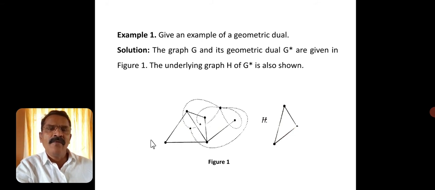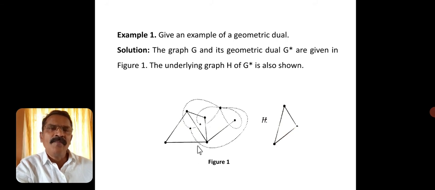Okay, now these are the two edges which are common to the interior face as well as the exterior face. That's why we have joined this vertex with the vertex representing the exterior region. Similarly, this vertex crossing this edge, we have joined one more edge to this vertex.